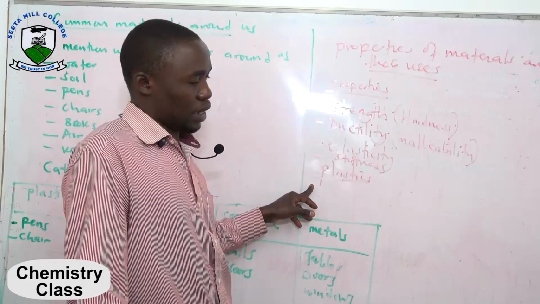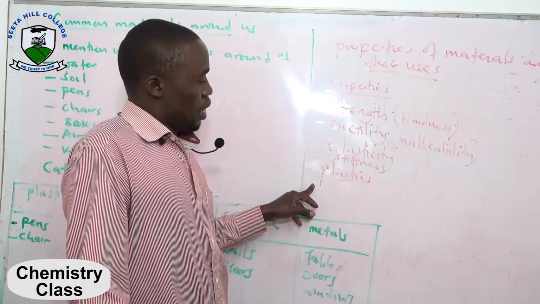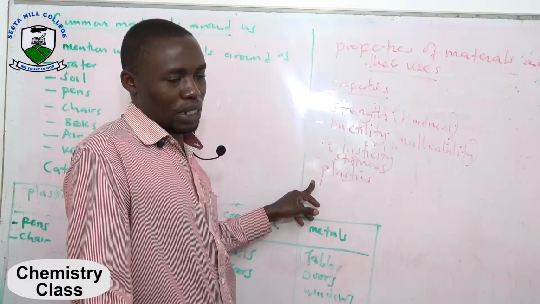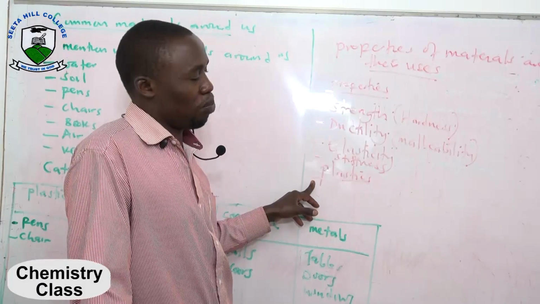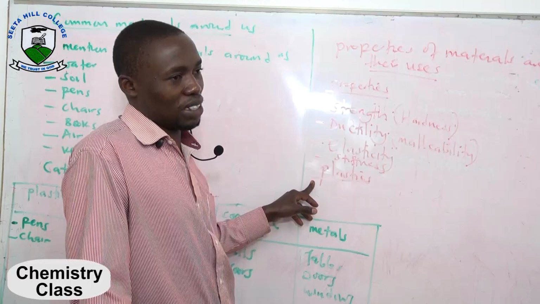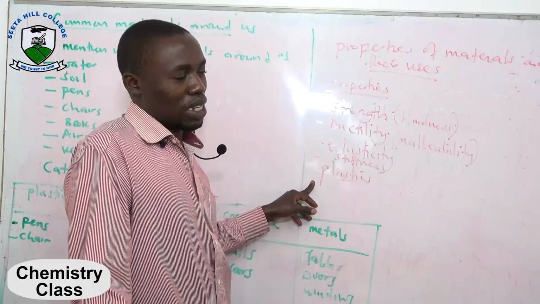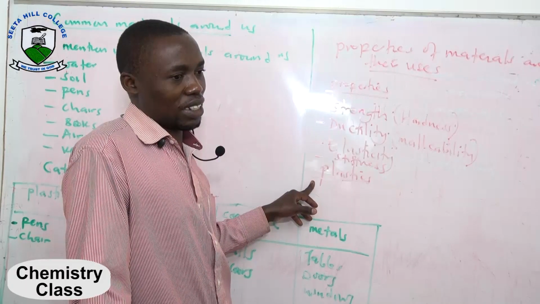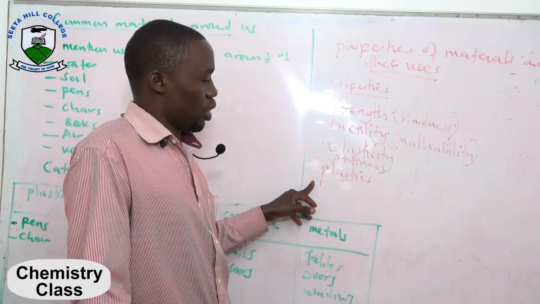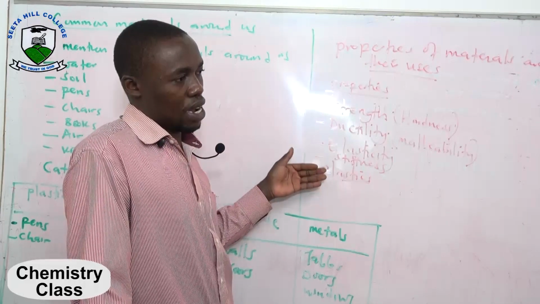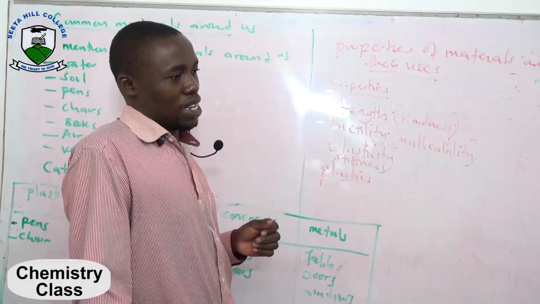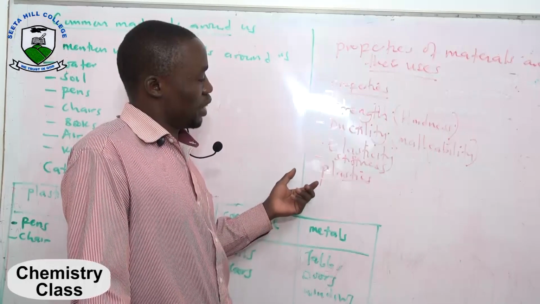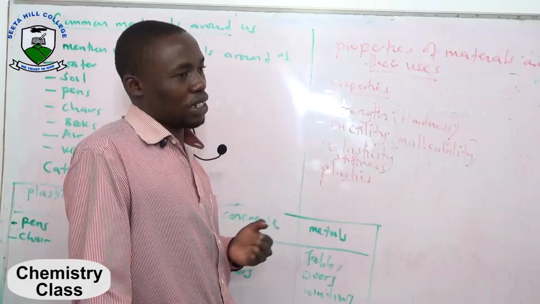Now, plastics, we've seen that they can melt and can be reshaped. But we can have those plastics which, if you heat them, some just harden and are resistant to melting. That means we can have high density plastics and low density plastics. Low density plastics, if you heat them, they easily melt.